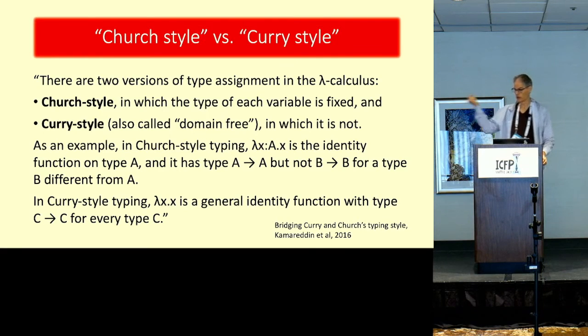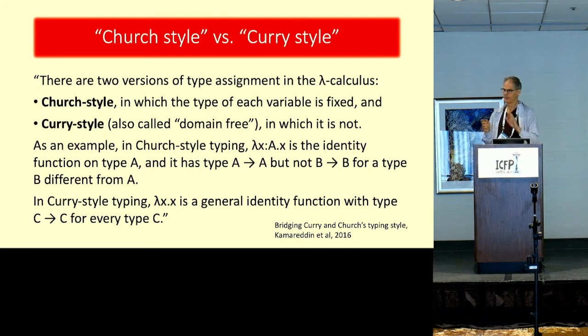So we are showing a Church style presentation here. And Curry style, in which the lambdas just look like the untyped lambda calculus, and you decide after the fact what the domain of the lambda is. So in particular, if you write down lambda x of type A, x, it has type A arrow A, but it does not have type B arrow B in a Church style presentation. In a Curry style presentation, lambda x, x would have type A arrow A and B arrow B and anything else.